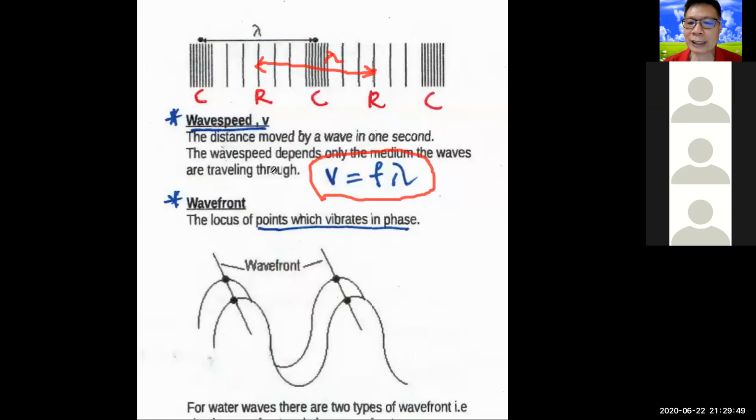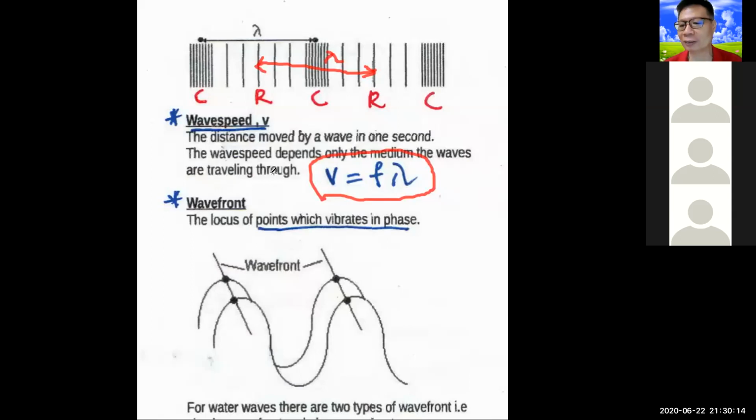Can liquid transfer sound or not? Inside water, when you talk inside the water, can your friend hear or not? No? That means you are in the water, your friend is also in the water. You talk, so your friend cannot hear. Can or cannot?